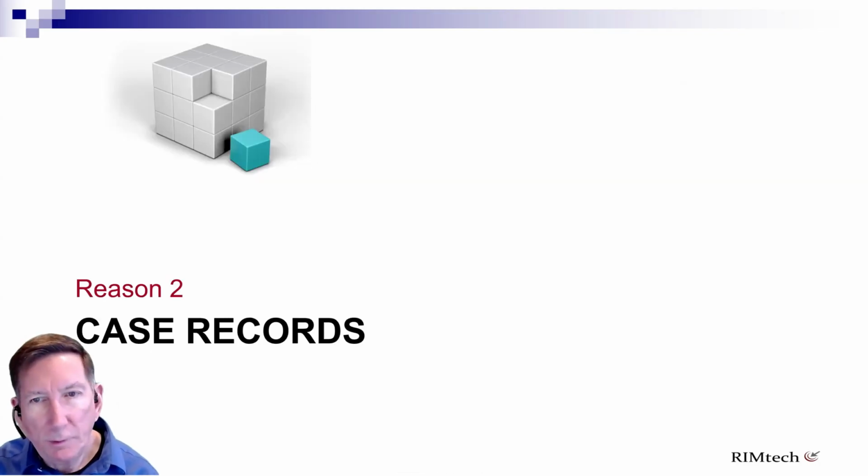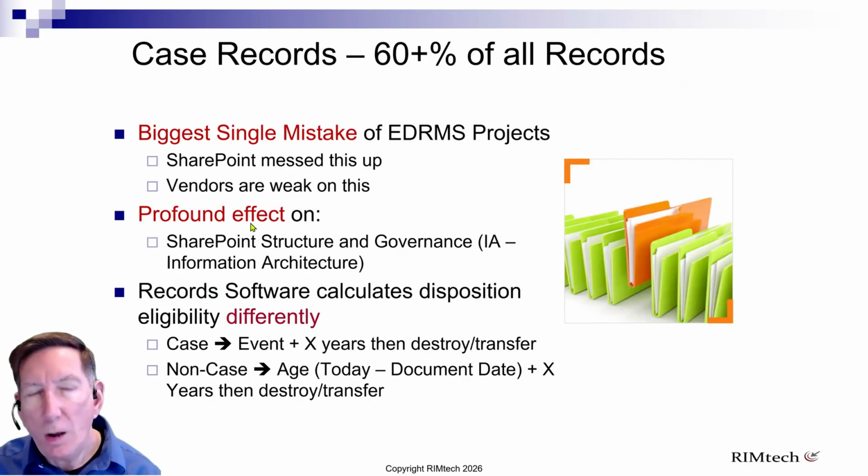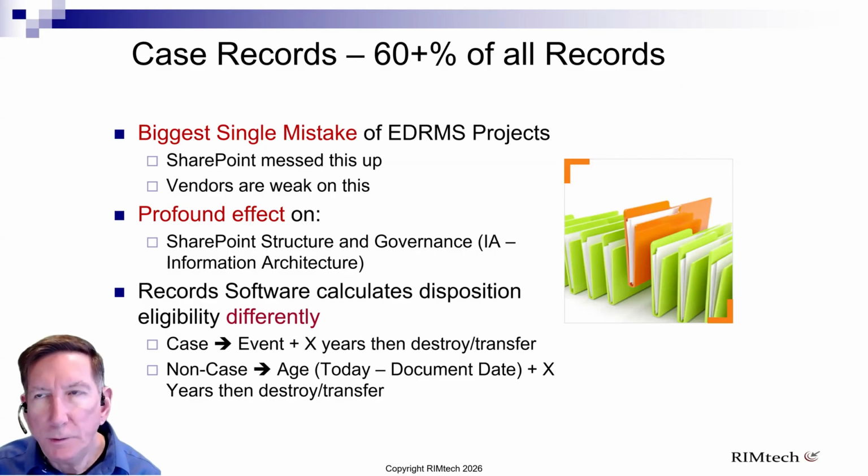Okay, that's the automation. Number 2, case records. All records are either case records or they're not. I don't care who you are, but I guarantee you 60% or more of all your records are case records. All a case record is, it's records about people, places, events, or things. Now, the problem with case records is that most records professionals don't truly understand them.